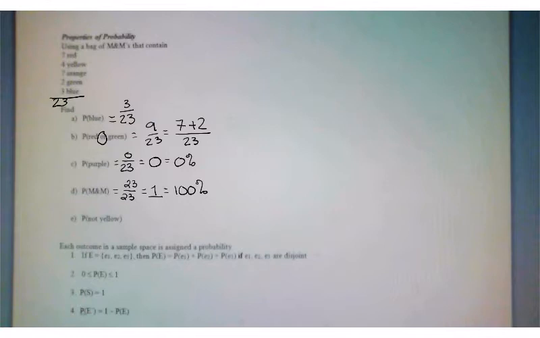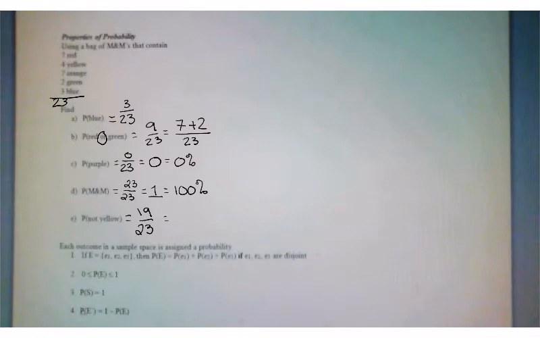Okay, lastly, the probability of not yellow. Take a minute and calculate that probability of not yellow. Now, hopefully you came up with 19 over 23. What I'm interested in is how exactly you calculated that 19 over 23, because we really have two choices.